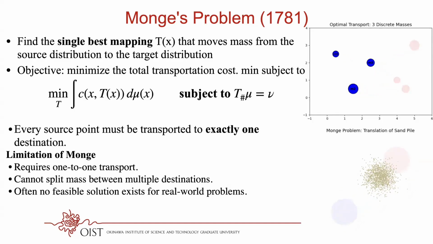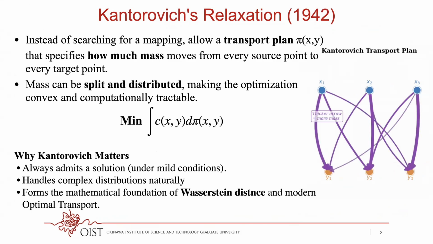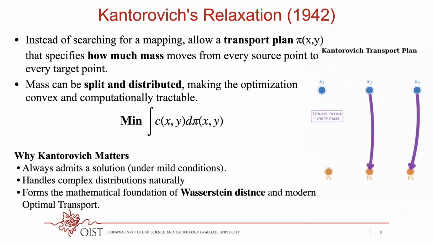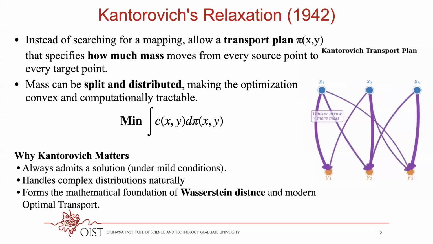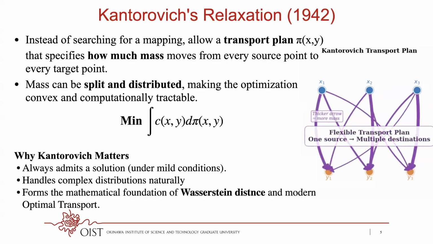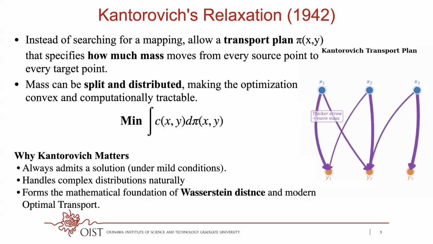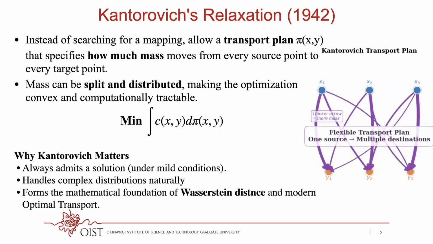Next, we are going to see the solution to this limitation, that is Kantorovich relaxation. The idea is very simple. Here Kantorovich's relaxation is introduced, and as you can see in the animation, the mass can be split and distributed, which makes optimal transport convex and computationally tractable.